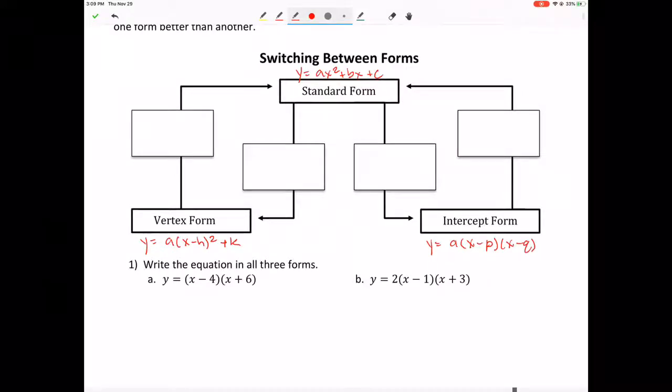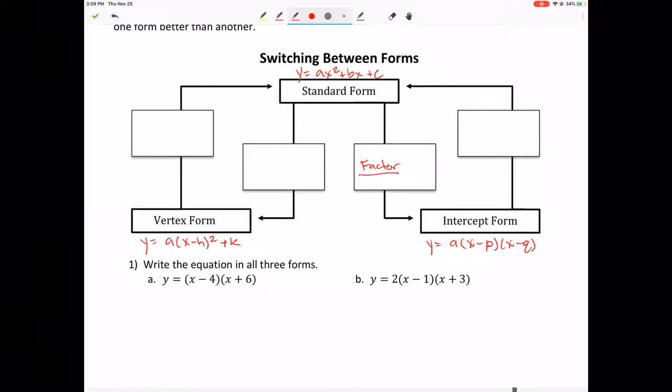And this is also important for when you are given a graph and we want to write the forms, okay? So, first thing up, if we have a problem in standard form and we want to go to intercept form, we factor.